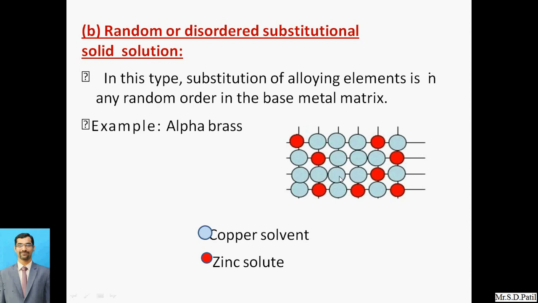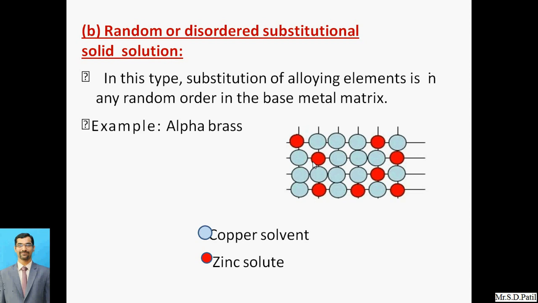Here there is no position acquired by the solute. Here again at the last point, the solute has occupied the space. So wherever empty spaces are there, the solute has occupied them. So the atoms are randomly occupying the space, which is called a random or disordered substitutional solid solution.